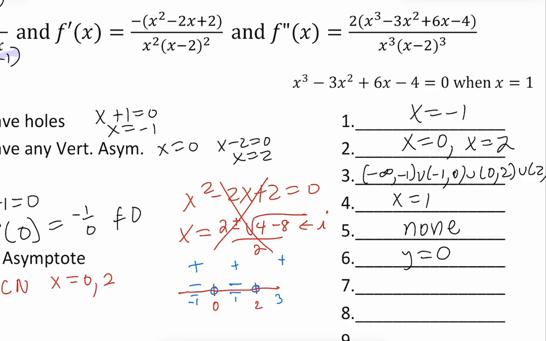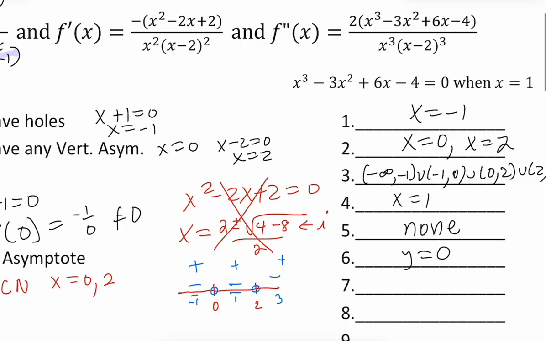And then if we plug in 3, we get the opposite of 9 minus 6 plus 2, which is a negative. So this function is decreasing, decreasing, decreasing.